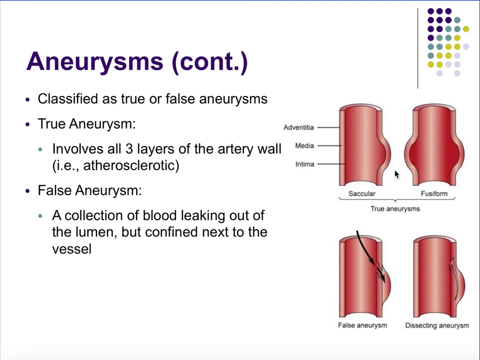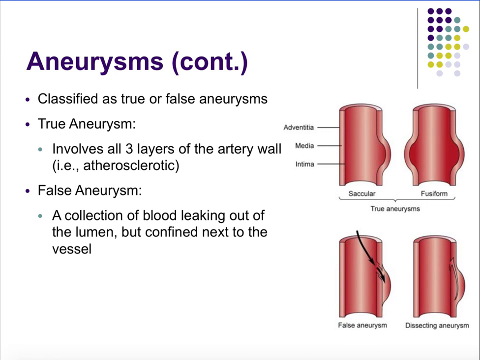Here we're having one side, here both sides, but this is a true aneurysm. Now, atherosclerosis has been shown to be a cause of this. If you think about it, if you have atherosclerotic plaque, our blood vessel wall is already compromised and weakened, and so again, it can increase the likelihood of an aneurysm occurring.